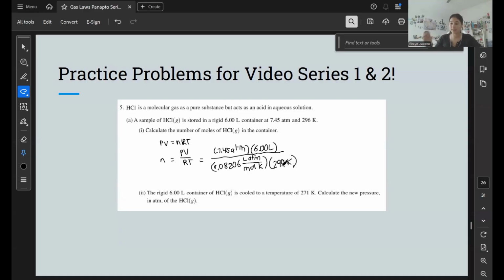And then finally, you want to pay attention to significant figures. So here, even though 0.08206 is to 4 sig figs, the smallest amount of sig figs that we get for everything else is 3. So I'll round our answer to 3 sig figs and get 1.84 moles.